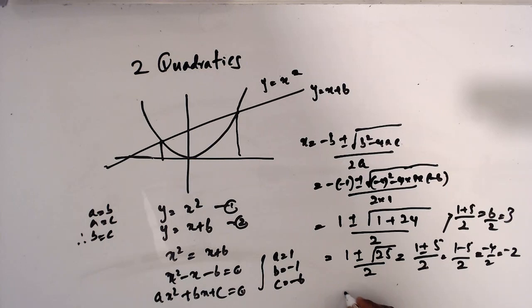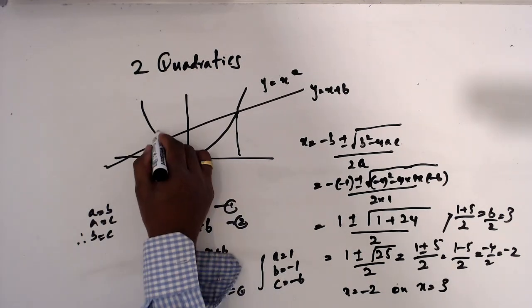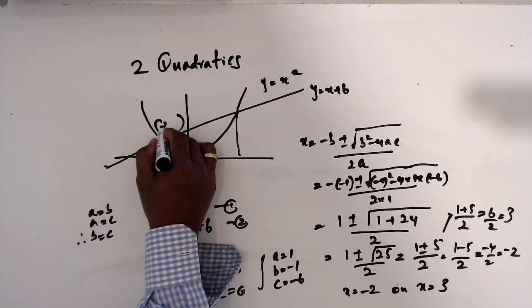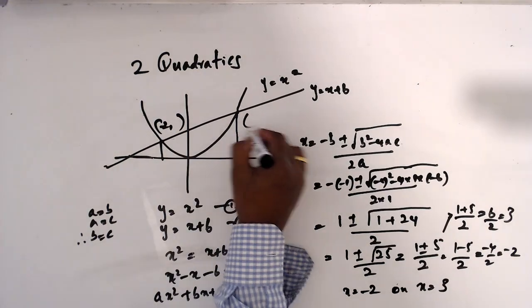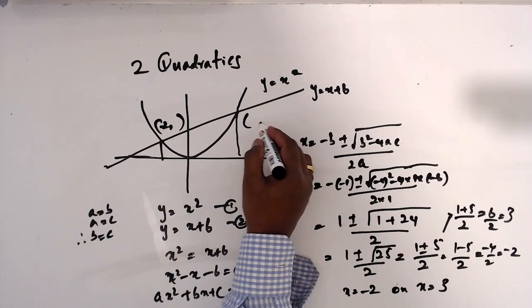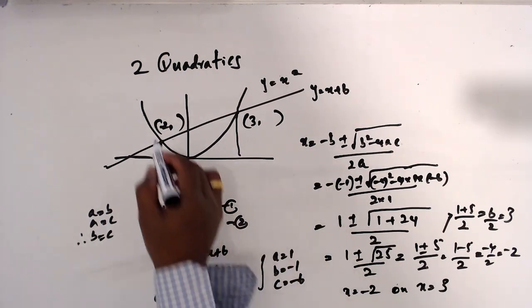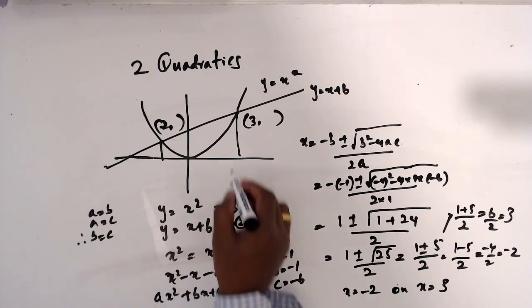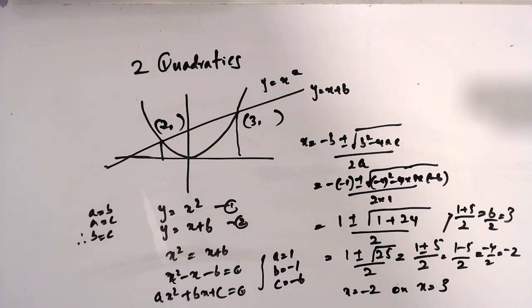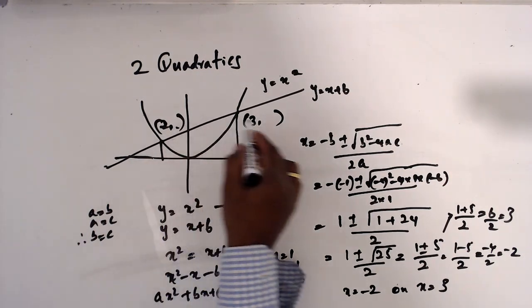So x value is minus 2 or x value is 3. So we know that the x coordinate of this one is minus 2, and x coordinate of this one is 3. And we can sub these values and find the other values, the y values.